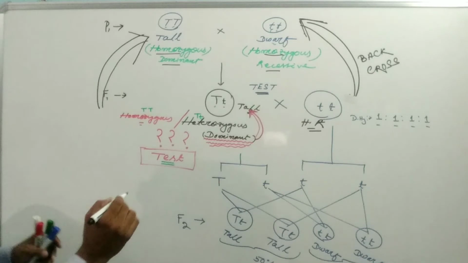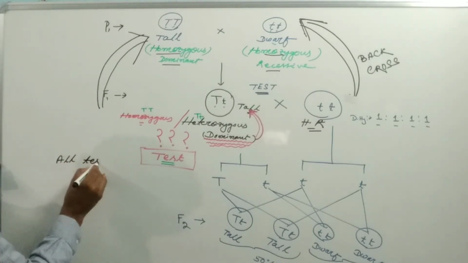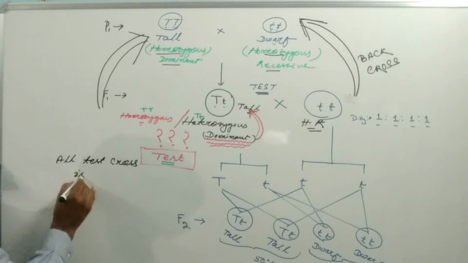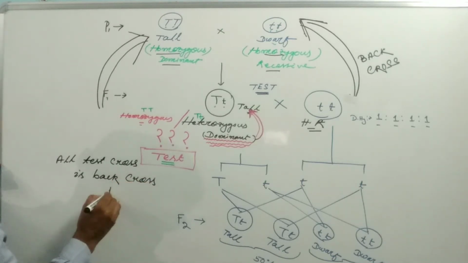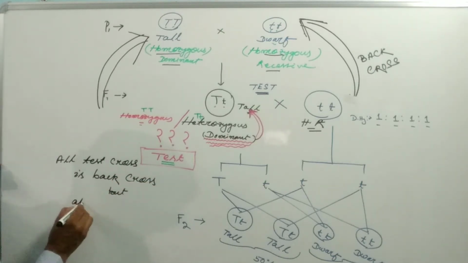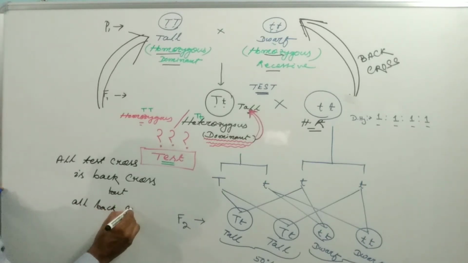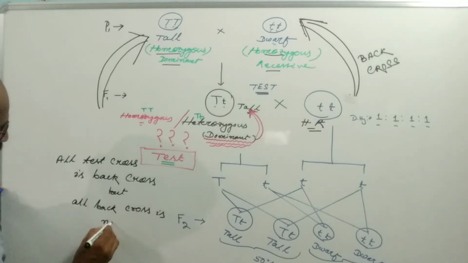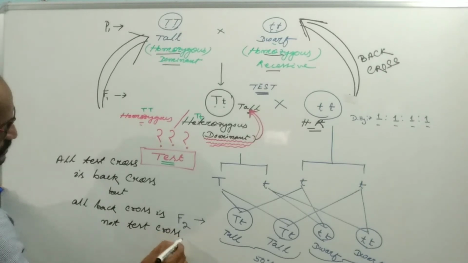It means that all test crosses are back crosses, but all back crosses are not test crosses.